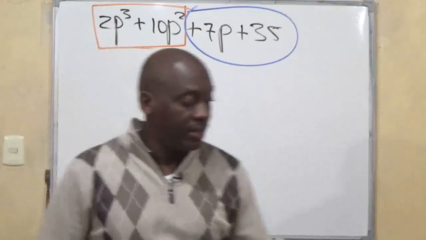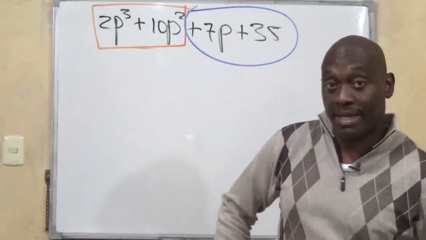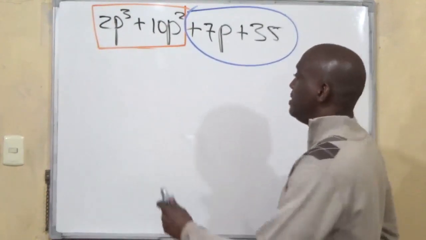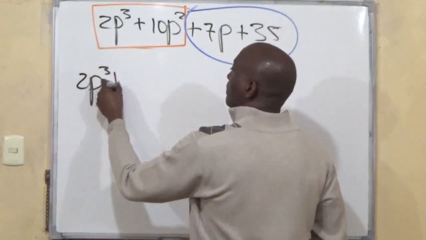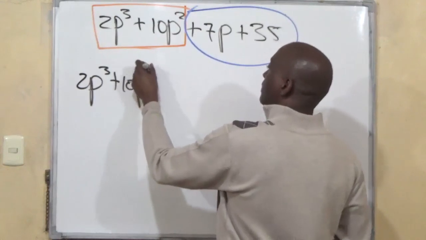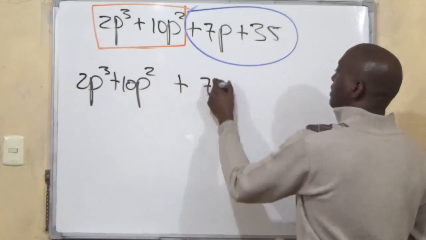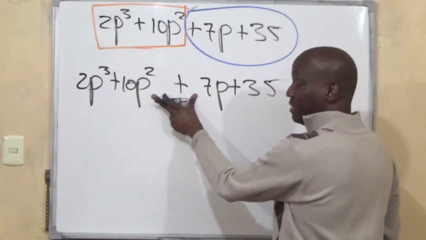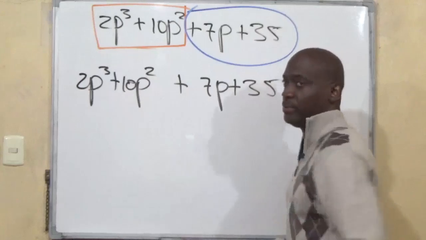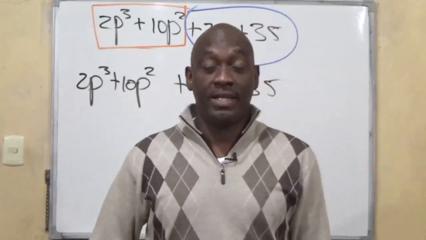So basically, what this expression is, in mathematical fact, is 2p cubed plus 10p squared plus 7p plus 35, right? So I separate them physically by space, but you wouldn't get that on an exam, you wouldn't get that on a question, you wouldn't see that in the course of doing maths.